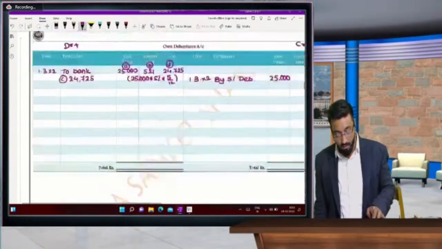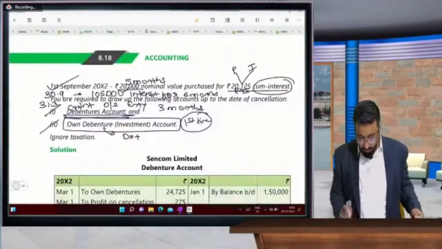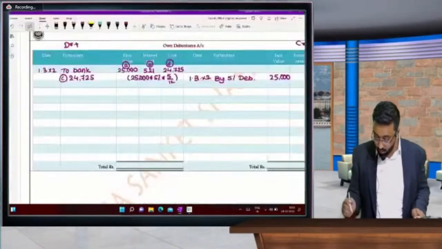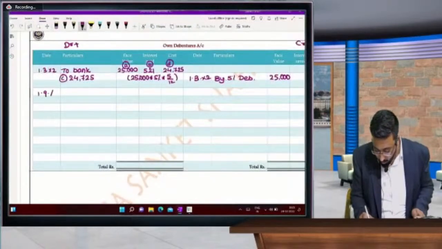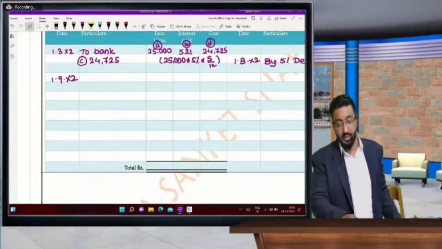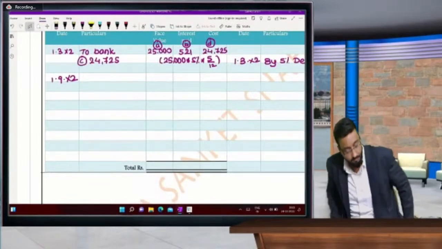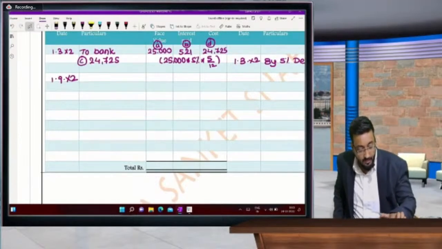Now 31st March you have completed. Now 1st September I'm not going to write. You will tell me what you are going to write on 1st September. Waiting for your answer. Chalo.